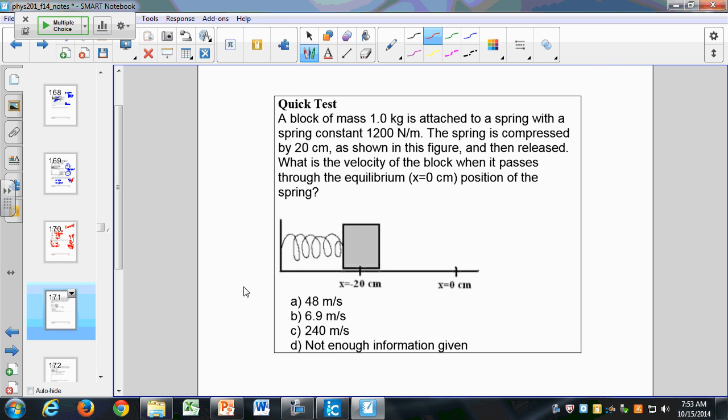I should do this one first. This one's pretty simple, a multiple choice question. Here I have a spring. It's compressed by 20 centimeters, and then it's released. I just want to know the velocity of the block when it passes through the equilibrium position of the spring.